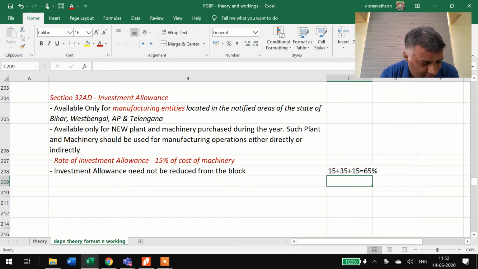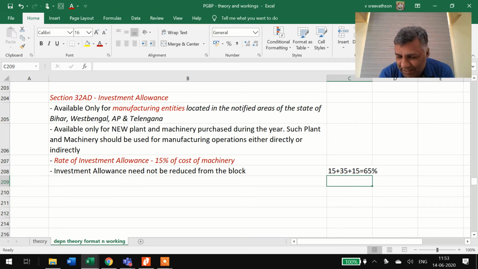Bharti, suppose in case you are unable to write it in November because of that eligibility criteria, and you are writing only in May, then both investment allowance and the special additional depreciation are not available.